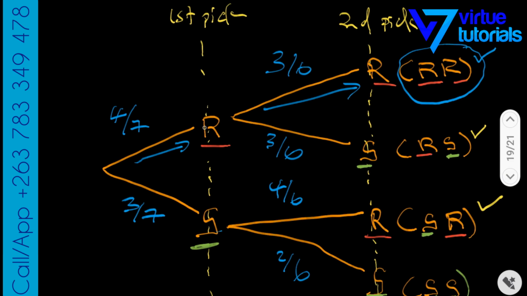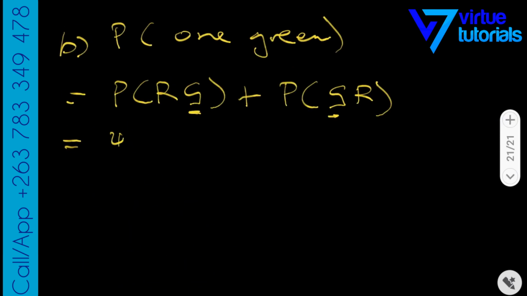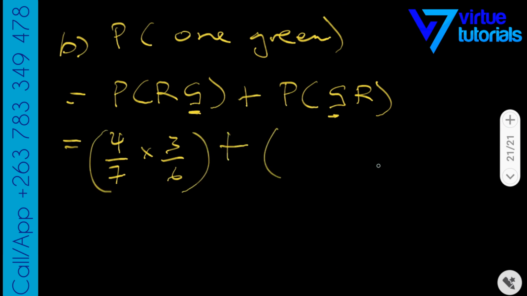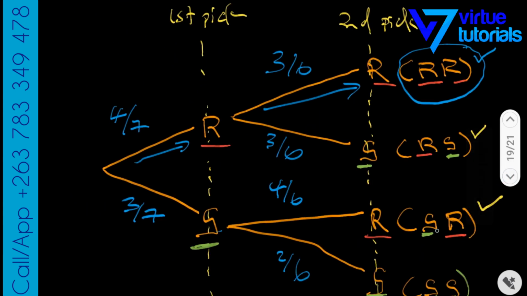We go 4 over 7 and 3 over 6. So that's 4 over 7 times 3 over 6, plus GR, green then red, which is 3 over 7 times 4 over 6. That's how you get to this point here.